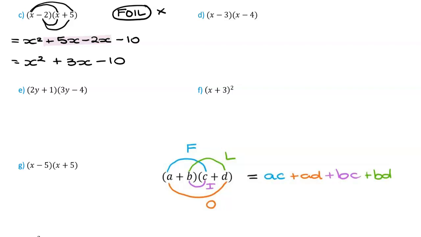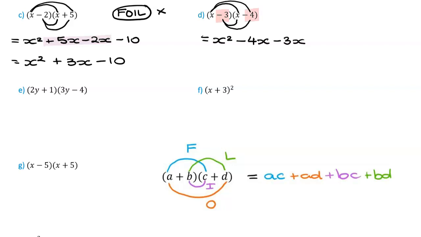Okay, next one. First, x times x is x squared. X times negative 4, sign number letter, negative 4x. Inside, negative 3 times x will be minus 3x. And then our last, negative 3 times negative 4. Remember those negatives there?